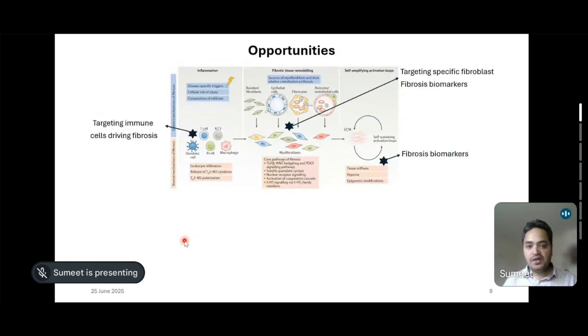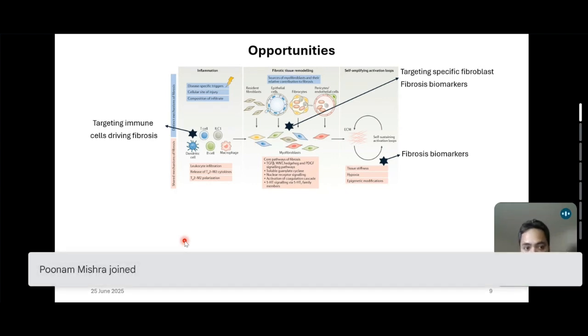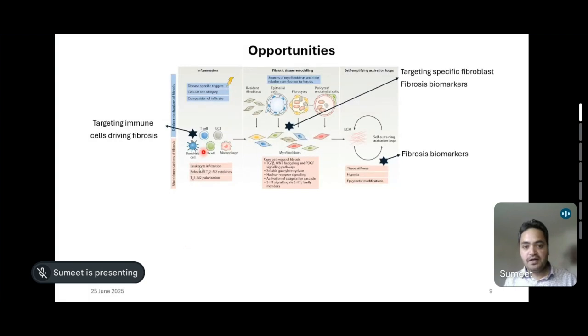Now, in terms of opportunity, there is always hope because it's a very complex disease, but complexity comes with opportunity. So I have put here a figure which you have seen in the previous slide, talking about different stages of fibrosis. And what you can see is if we can identify the key immune cells which are initiating the fibrosis cascade, then we can target some immune cell types.